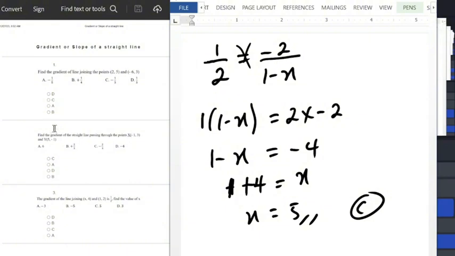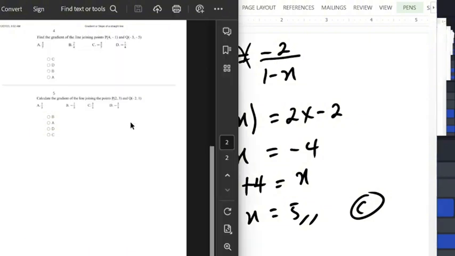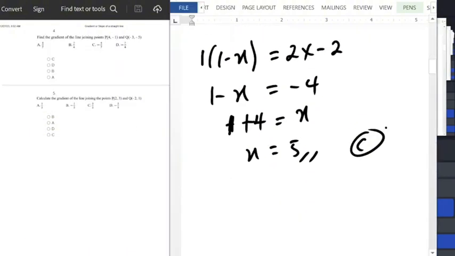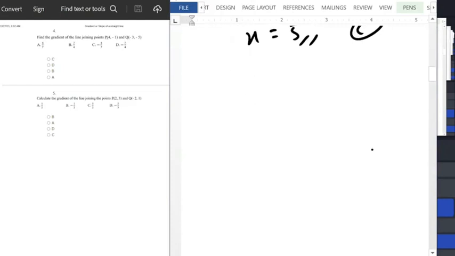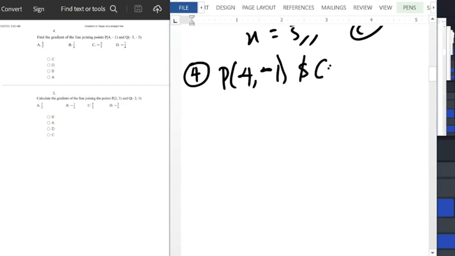So let's go to question number 4 and see what we have there. Find the gradient of the line joining points. We have 2 points: P, which is (4, -1), and then another point Q, which is (-3, -5).